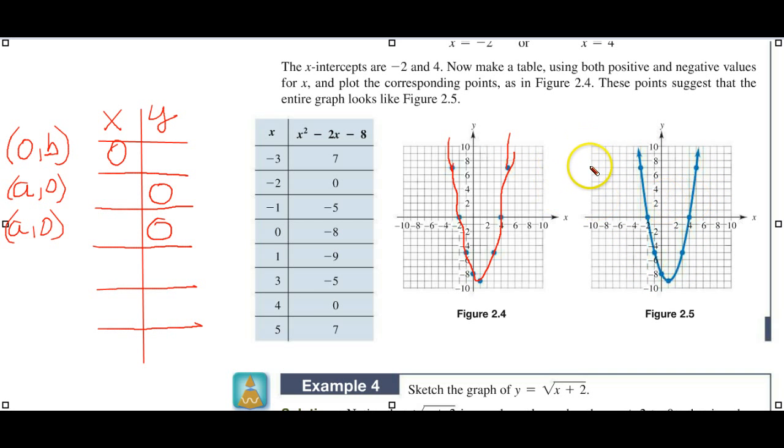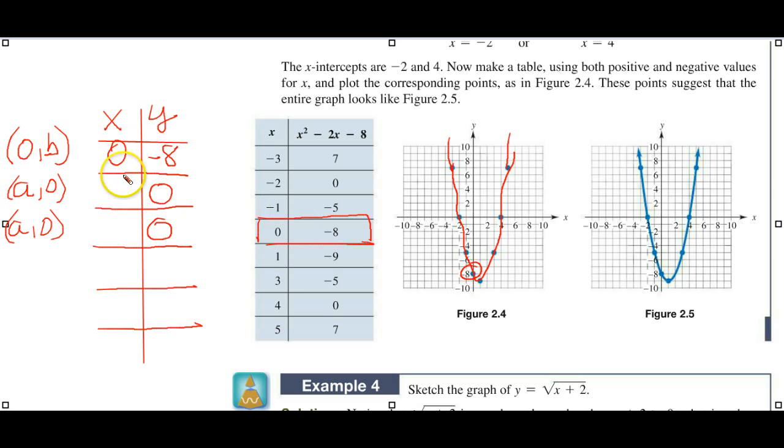So what are then your y-intercept here, and what will your x-intercepts be? Well, we can pick them out from the graph. This is your y-intercept right here, and you can see it right down there too.